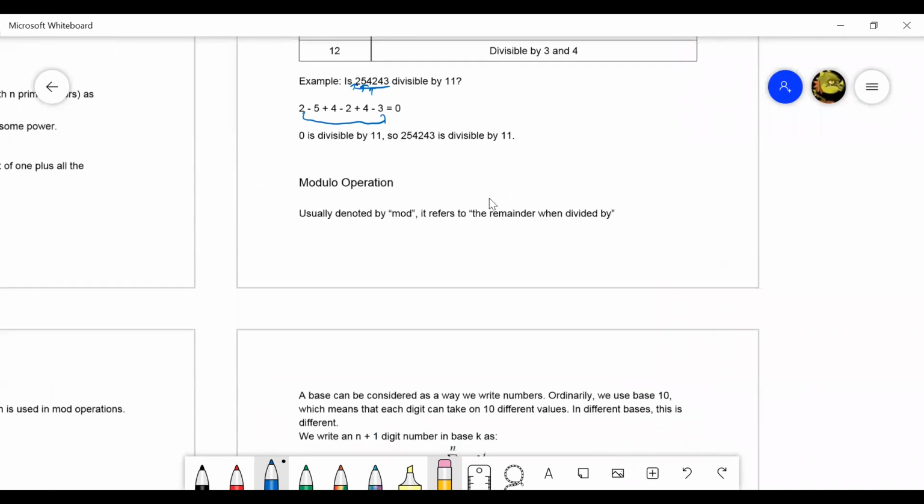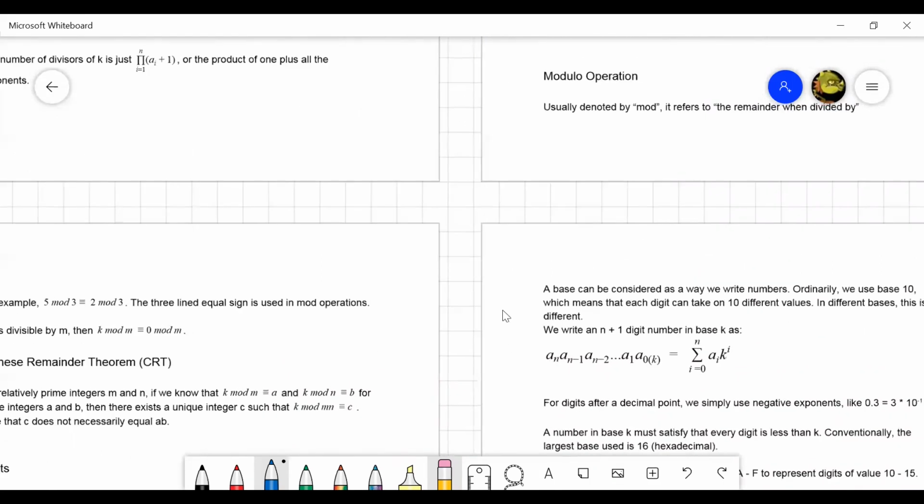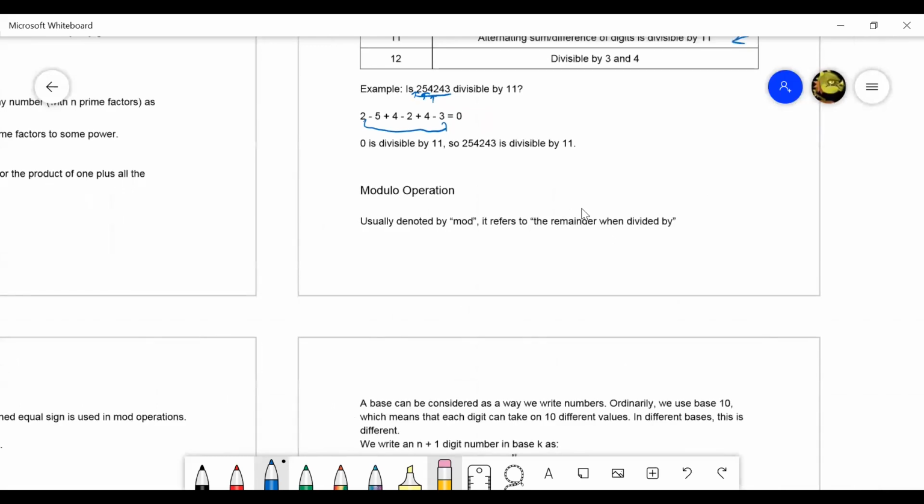And I think this is among the most useful and characteristic operations in number theory. Usually it's denoted by mod, and it means the remainder when divided by.